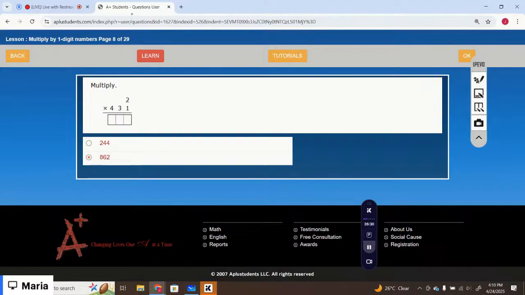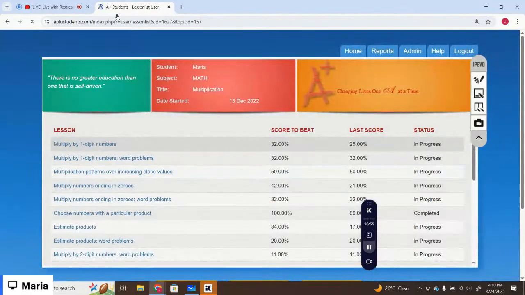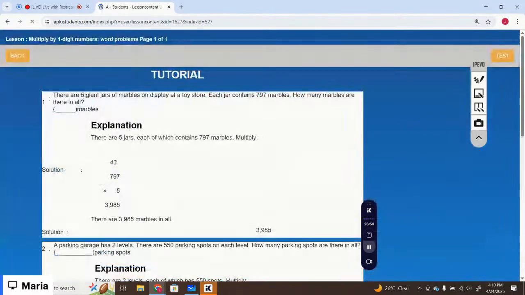Okay, you can complete the lesson by yourself. You can just move on to next lesson. Then is multiply by one digit numbers word problems.